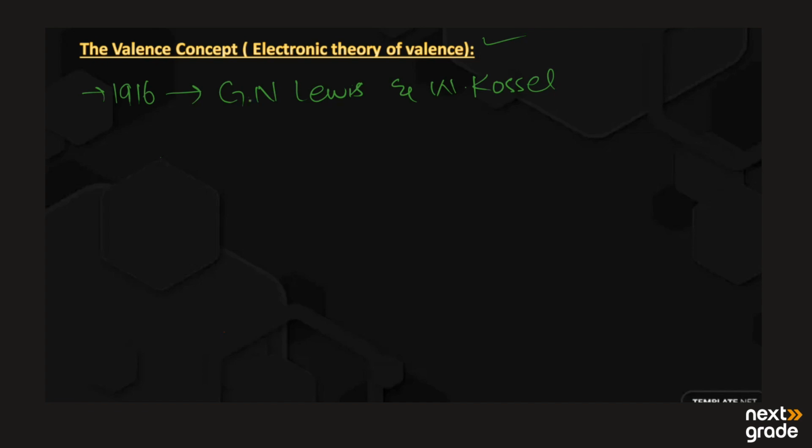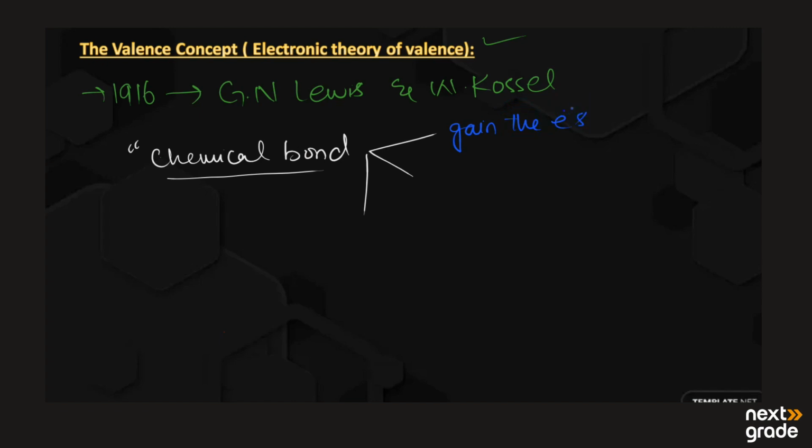Basically, this concept is going to tell us about chemical bonding. Now, what does a chemical bond mean? The scientists mainly explain that when a chemical bond forms, the atoms undergo three ways. Number one, they can gain electrons, they may lose electrons, or they may undergo sharing of electrons.